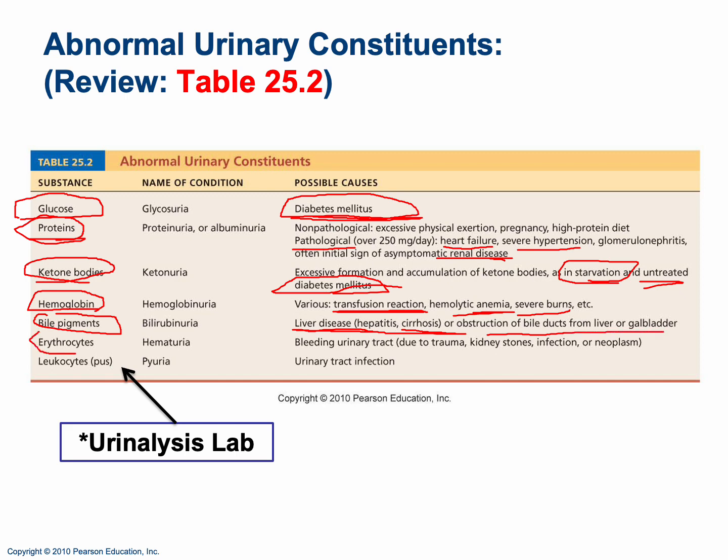This one here, erythrocytes, red blood cells. If someone were to have highly elevated amounts of red blood cells in the urine, it could mean a bleeding urinary tract, severe trauma to the kidney, kidney stones, infection, are all possibilities.